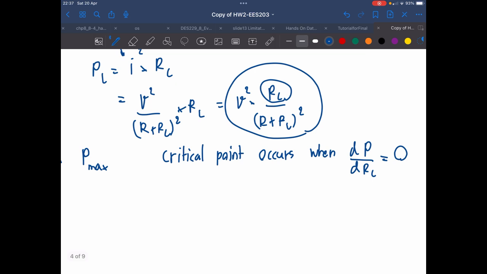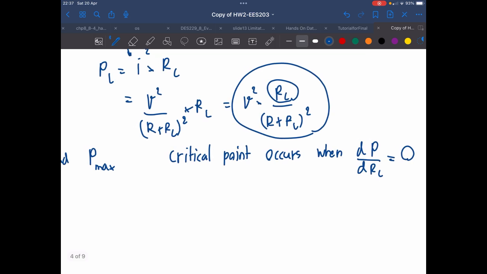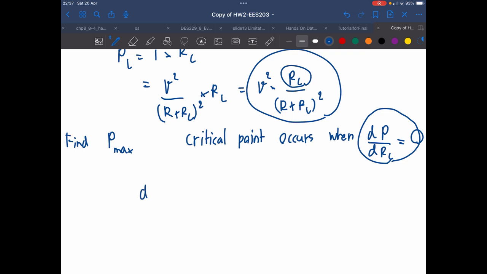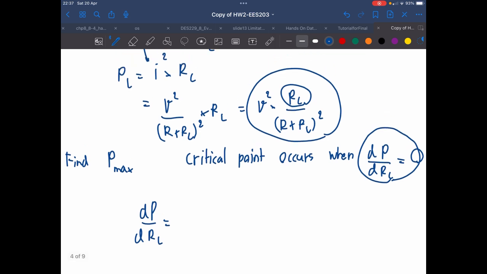Within this statement, we're going to simplify the equation of the derivative of power with respect to RL. Now let's proceed. Then we get the derivative of power with respect to RL equals, we have some constant V to the power 2, which we could remove out.